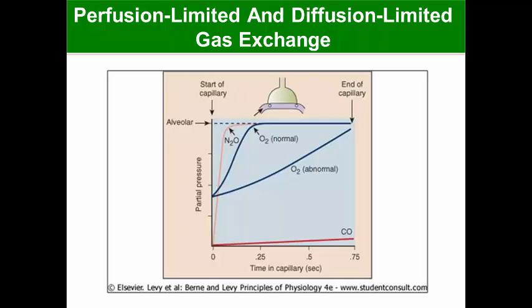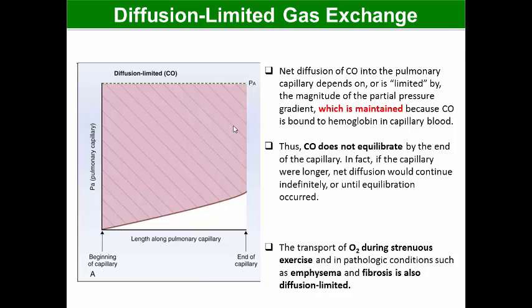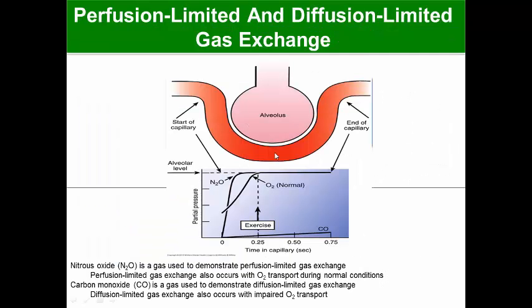Because nitric oxide might even take less time than oxygen to get equilibrated between the blood in the pulmonary capillaries and the air in the alveoli. So it is perfusion limited.